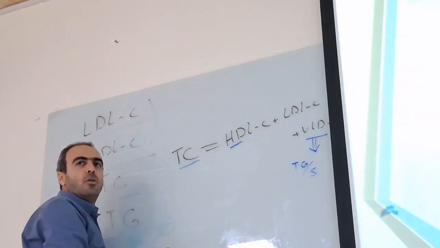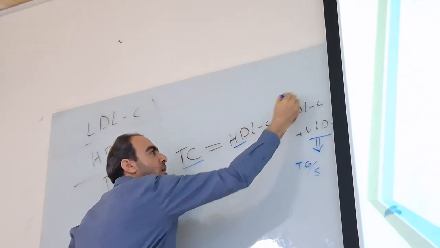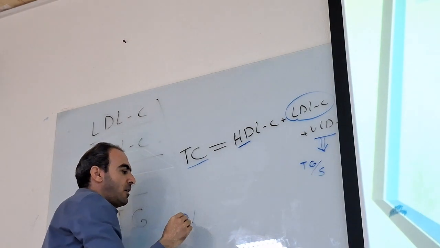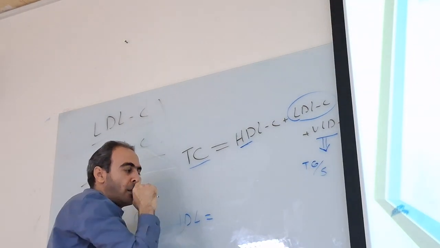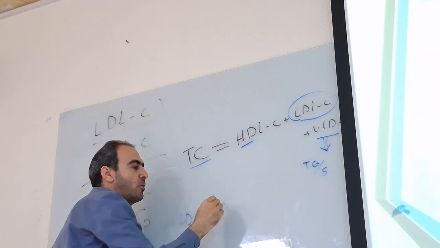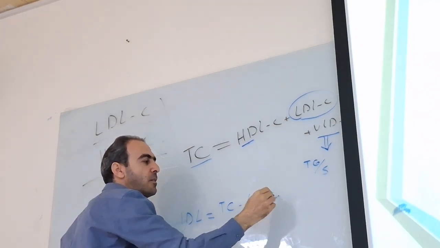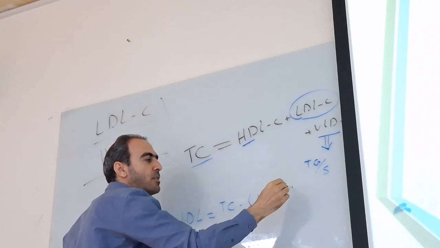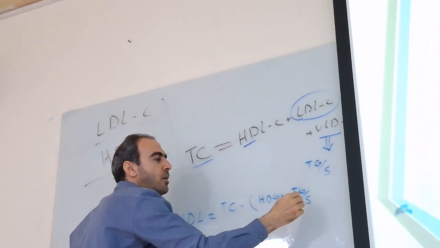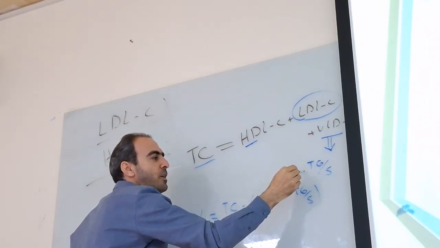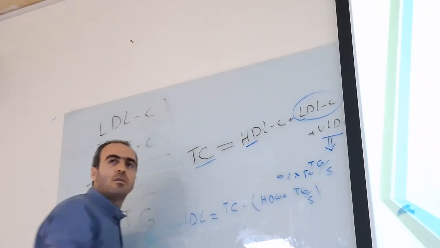So LDL cholesterol is equal to total cholesterol minus HDL cholesterol minus triglyceride divided by 5. Sometimes they use 0.2 multiplied by triglyceride. They are equal, it doesn't matter.